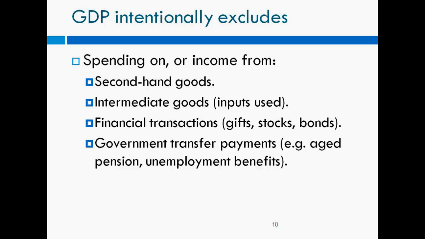It's obviously income of some kind, but it's not income that counts towards GDP. Why? Because it's not money that's earned due to the production of goods and services. The age pension is not given because the elderly have been producing goods and services which they sell. They get the age pension simply because they're old and they would die or have to eat their cats or something like that if they didn't have that.